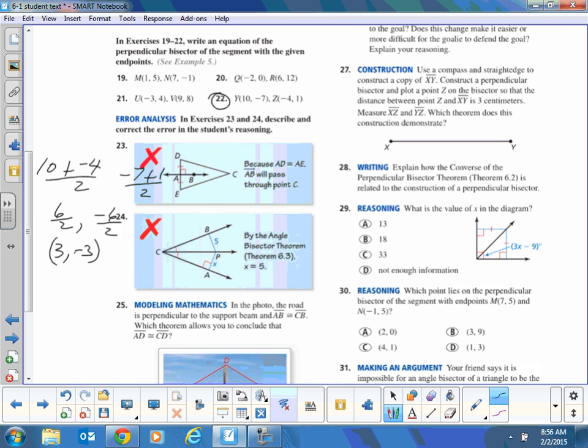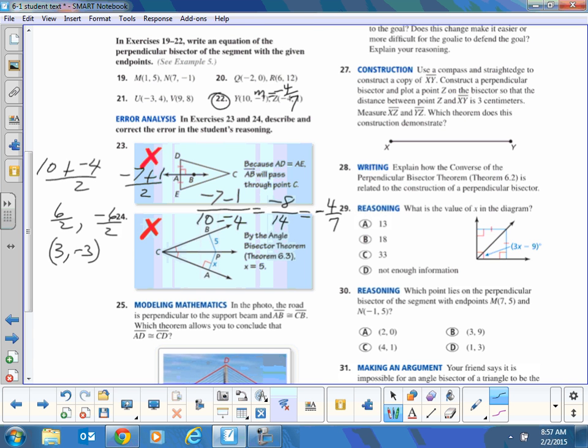Slope is negative 7 minus 1 over 10 minus negative 4, which is negative 8 over 14, which is negative 4 sevenths. So the slope of this thing right here is negative 4 sevenths.